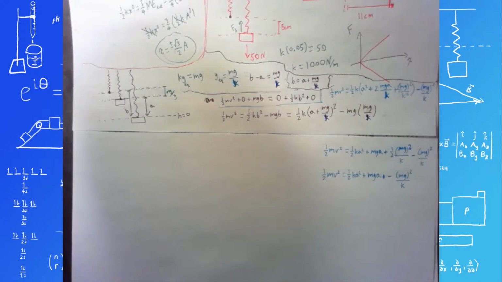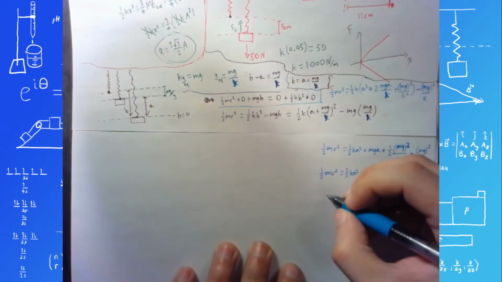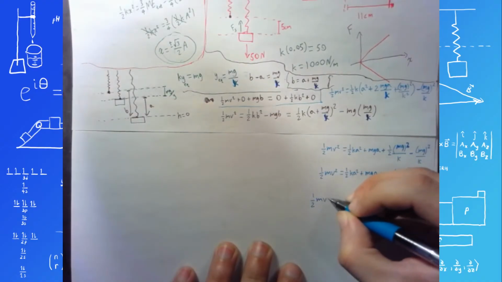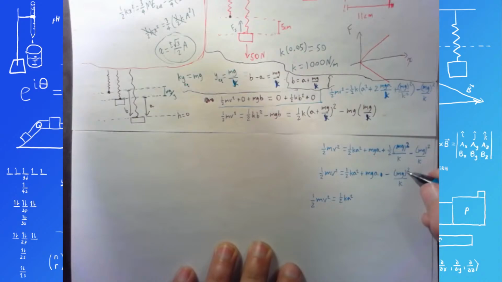What can we do with this? I want to try and rewrite this in terms of y equilibrium, so one half mv squared equals, we'll keep the 1/2 ka squared over here, and then mg squared over k.